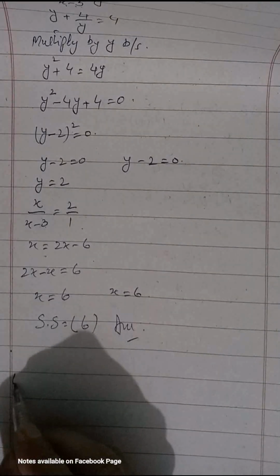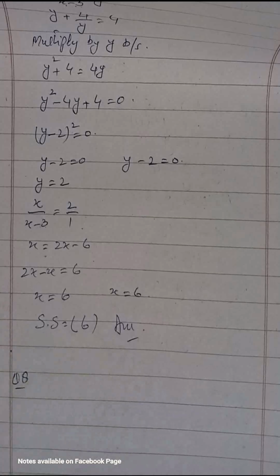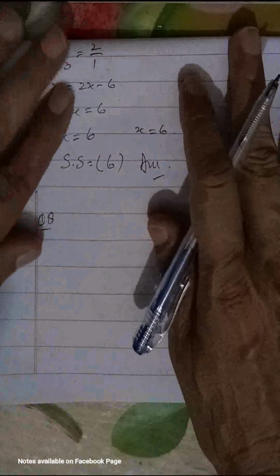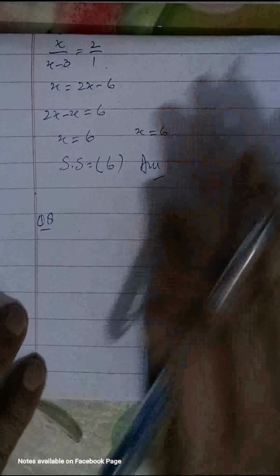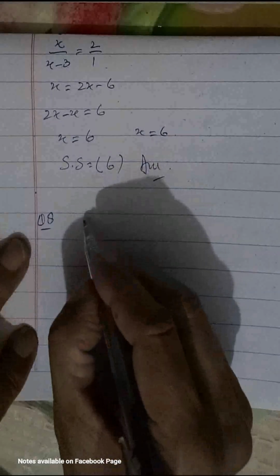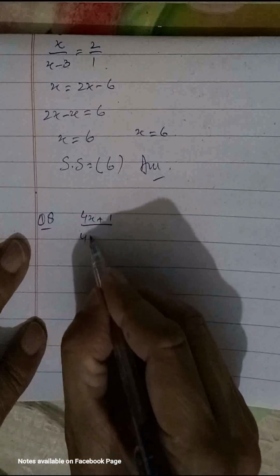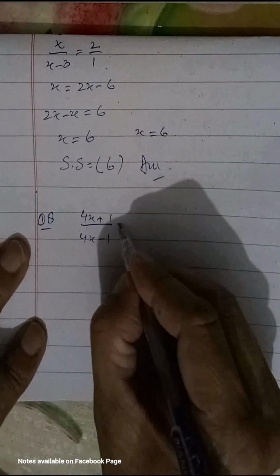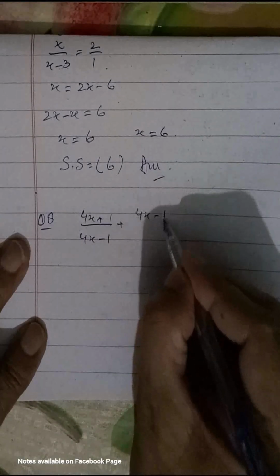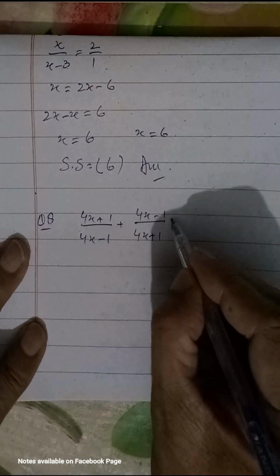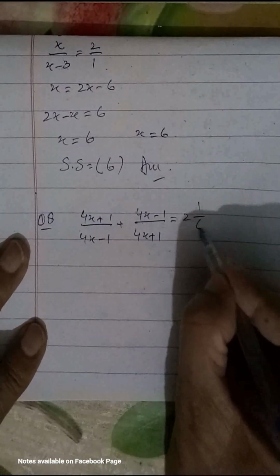Now we solve question number 8. 4x plus 1 over 4x minus 1 plus 4x minus 1 over 4x plus 1 is equal to 2 whole 1 over 6.